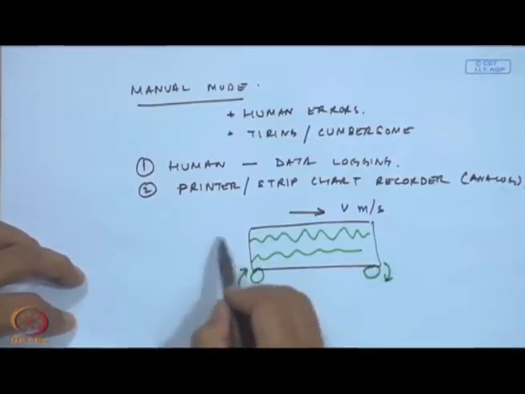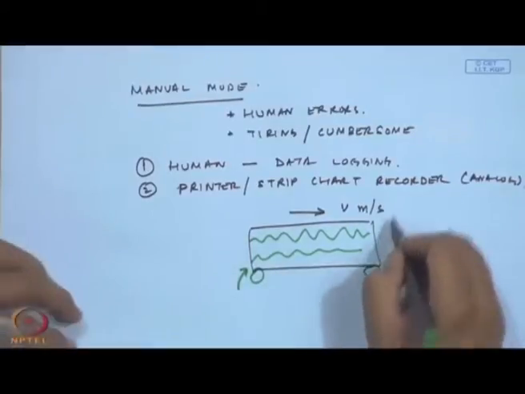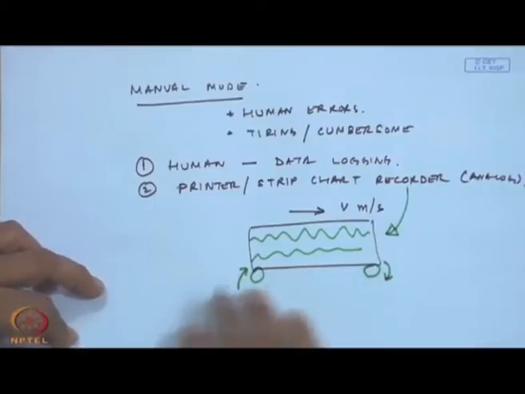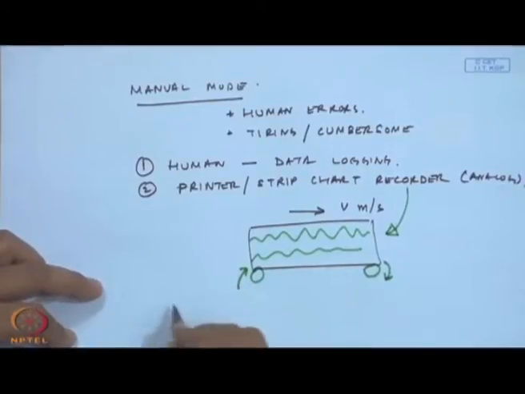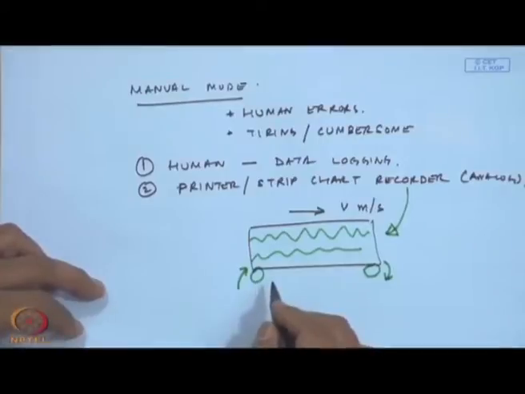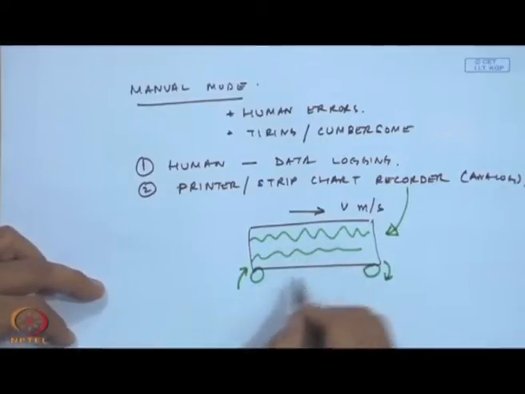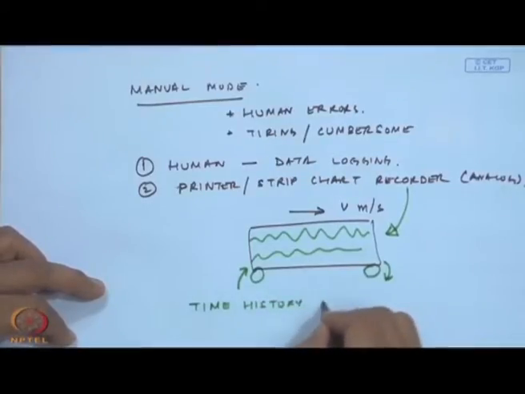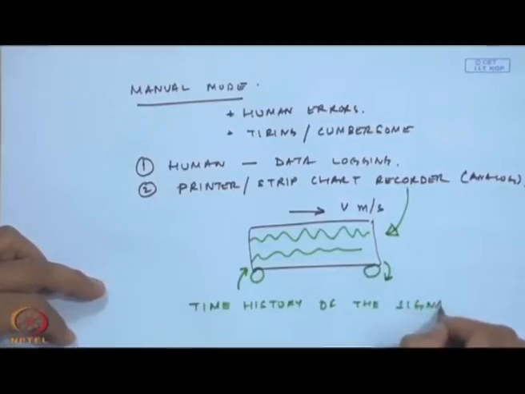This is essentially what is a strip chart recorder. People used to have such large rolls of data, wherein we can look into the problem and get a time history of the signal by looking at the strip chart recorders.